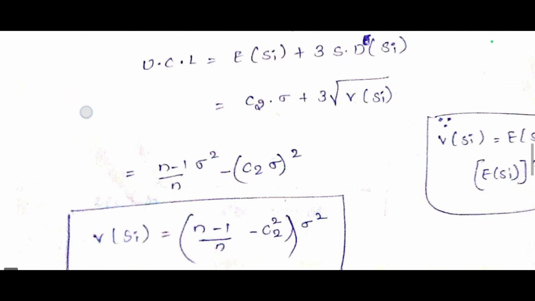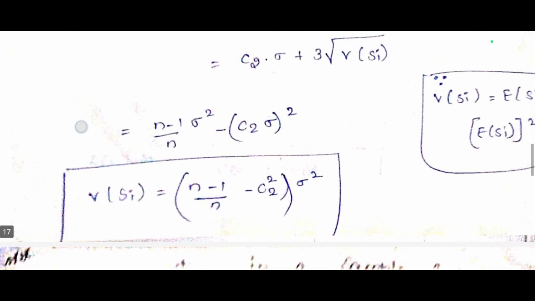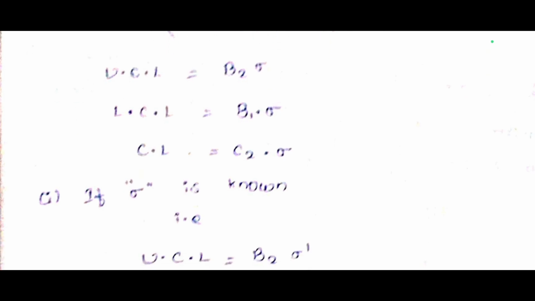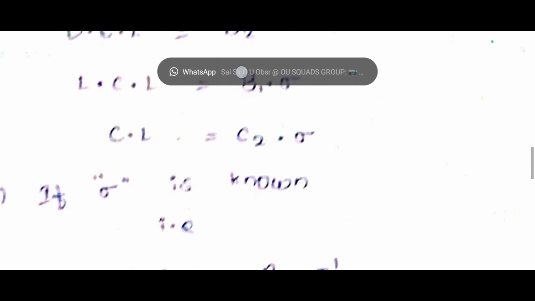Here we are going to use the square root also, just substituting the variance of Si value. Completely we can change that into UCL as B2 into sigma. LCL is B1 into sigma, and CL is C2 into sigma.